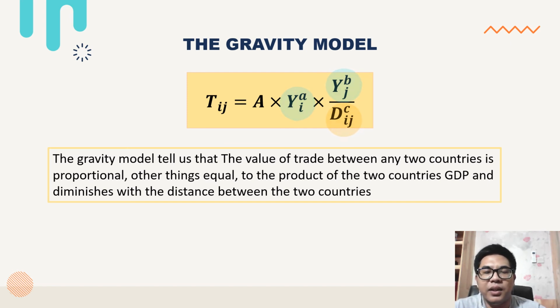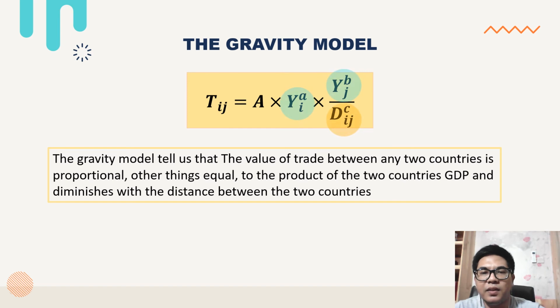And then the letter Y shows the GDP of country I and the GDP of country J. For example, if I is Indonesia and J is China, then Y_I is the GDP of Indonesia and Y_J is the GDP of China.